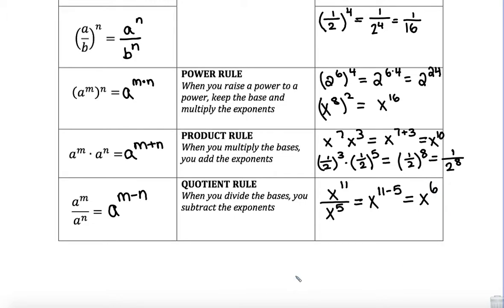If I was doing this and it came out negative, say instead I did x to the 5th over x to the 11th, well, when I subtract those, I would get a negative 6. So x to the negative 6, we already know how to convert that. That's 1 over x to the positive 6th. So just be sure to keep in mind all these different rules when you're simplifying an expression.